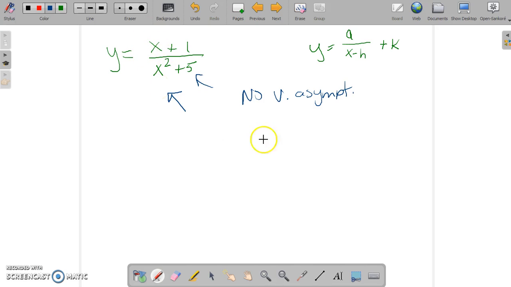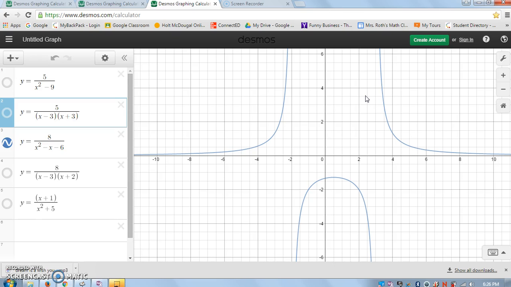So let's just take a look at what that would look like. That is this very last one I have graphed for you. Check out what that looks like. Isn't that cool? So what's happening is there is no vertical asymptote, but it looks like we might have an asymptote at y equals 0.